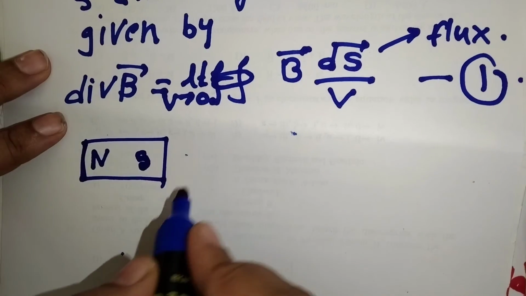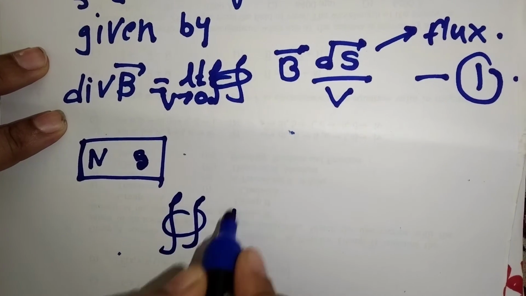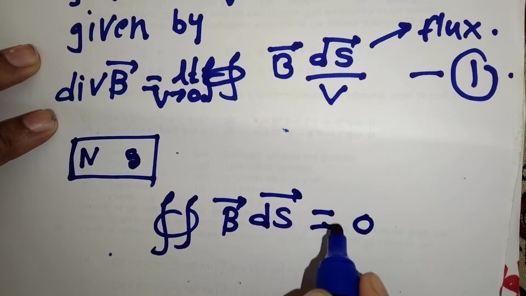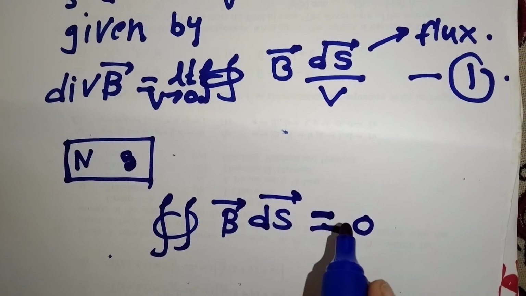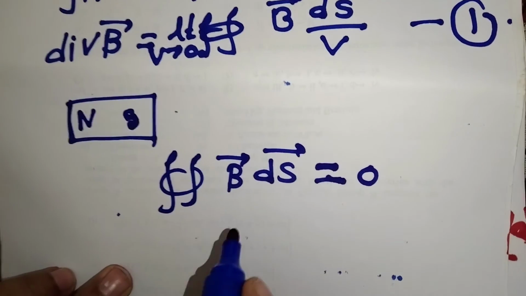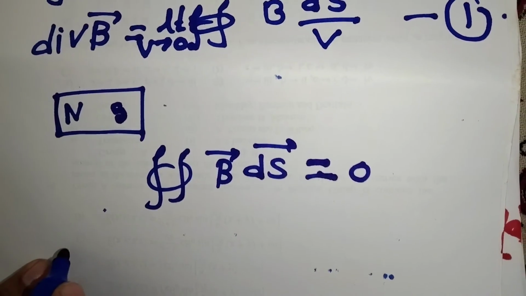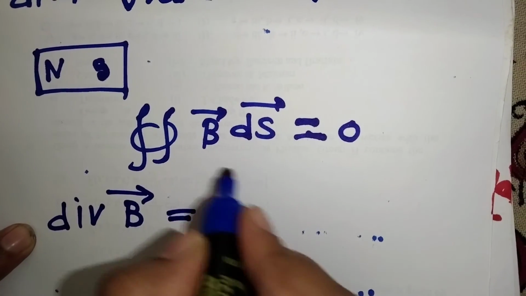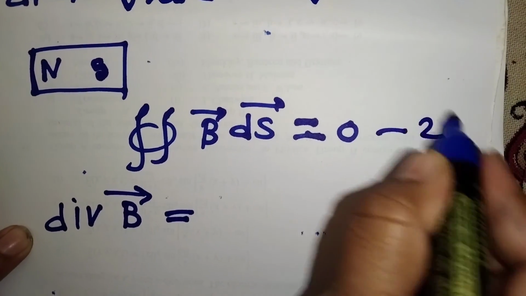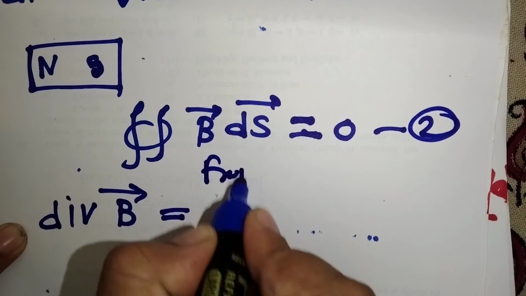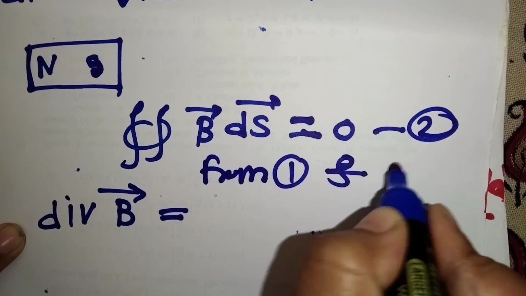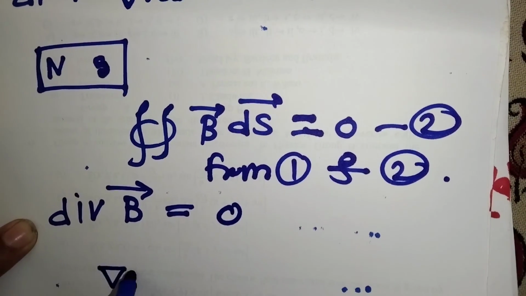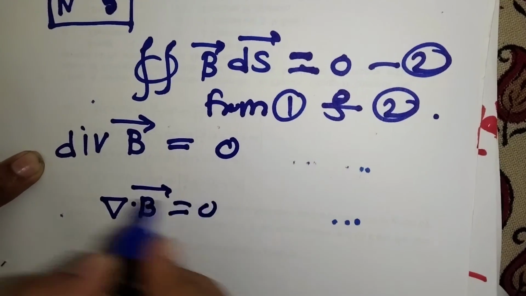So the closed integral of B bar ds bar is equal to 0. This is 2. From 1 and 2, divergence of B bar is equal to 0, so del dot B bar is equal to 0.